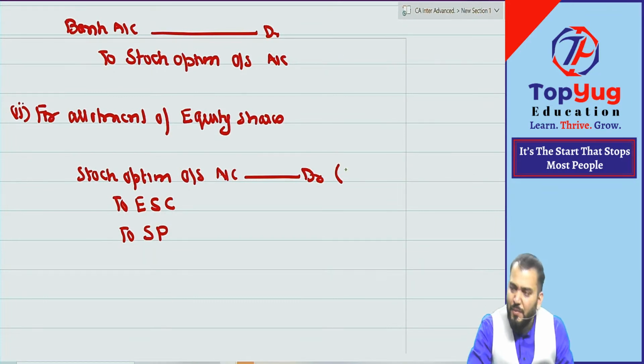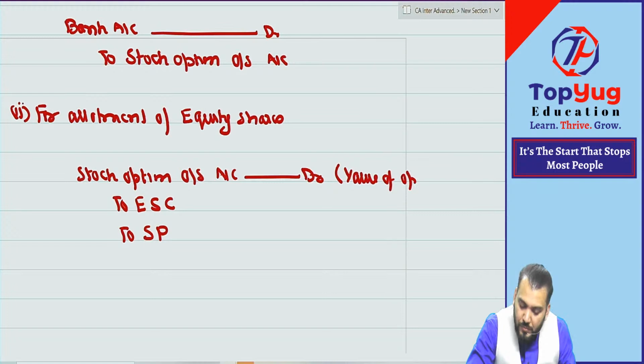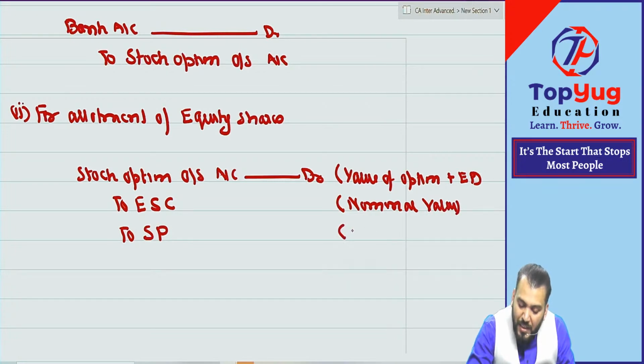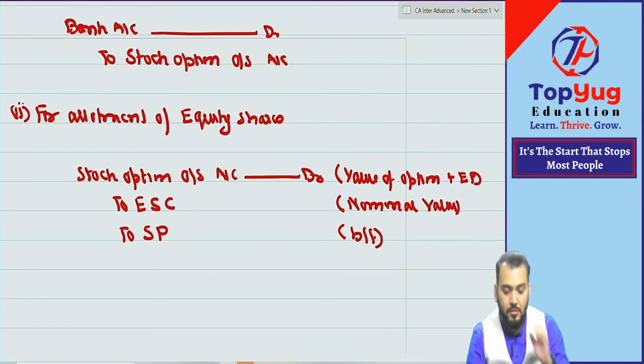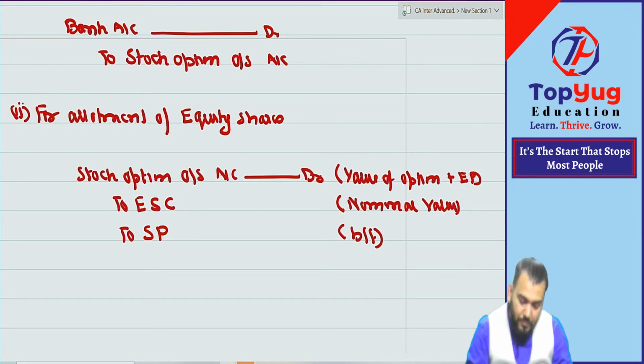So I am writing value of option, plus exercise price. Equity share capital with what value? Nominal value. And this will be the balancing figure. Correct.